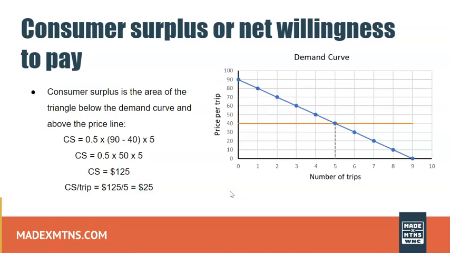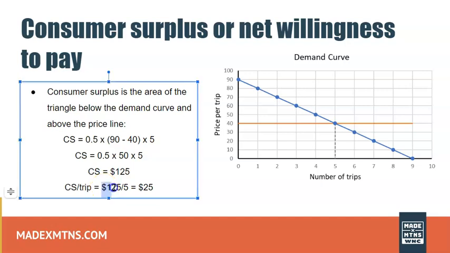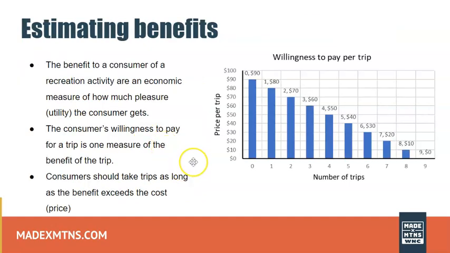Okay, and one note, we are able to estimate these downward sloping demand curves. They might be linear, they might be nonlinear, and get an estimate like $125 for the area of that triangle. We don't usually have information on the willingness to pay per trip for all of these trips.